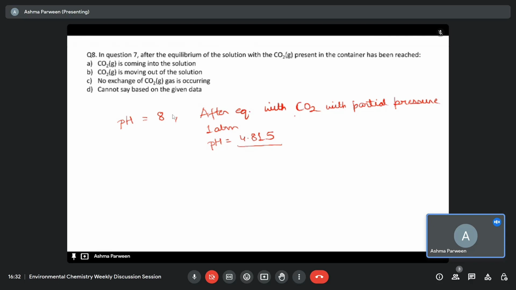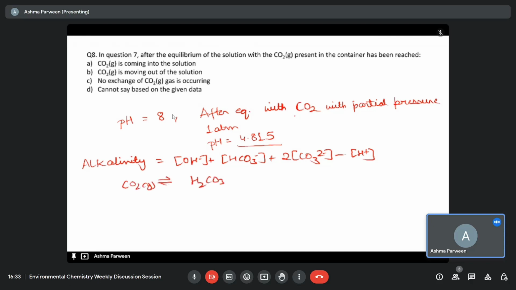In the last week's problem solving session and in the lectures, we have seen that with bubbling of CO2 gas there is no change in the alkalinity, because CO2 gas equilibrates and forms H2CO3 aqueous, and each mole of H2CO3 gives either 1 mole of H plus and HCO3 minus, or 2 moles of H plus and CO3 2 minus.